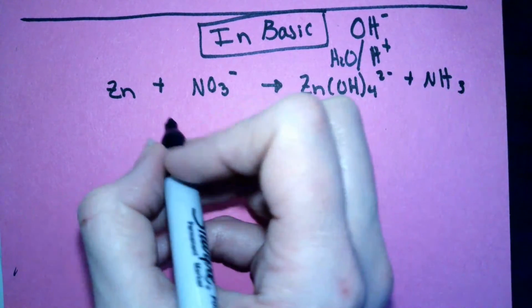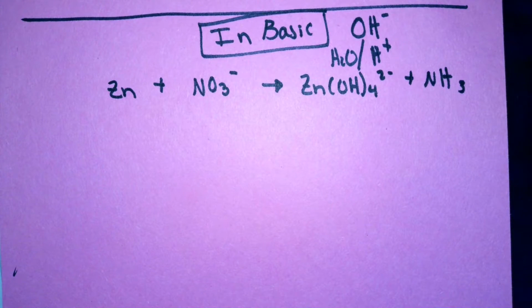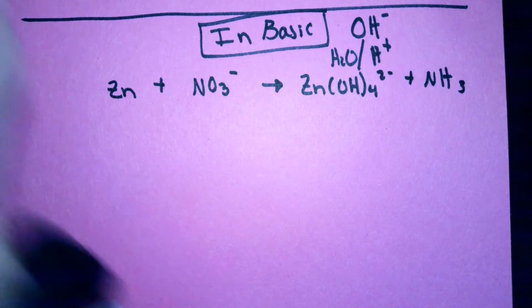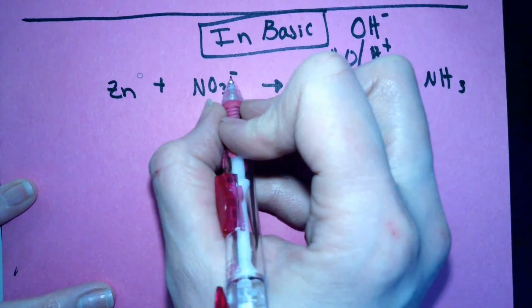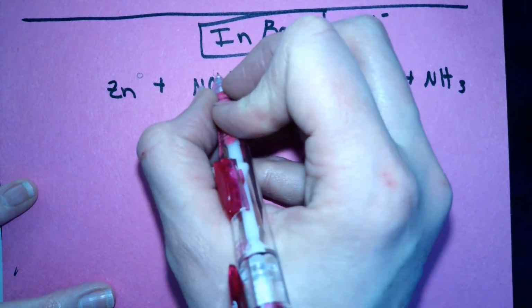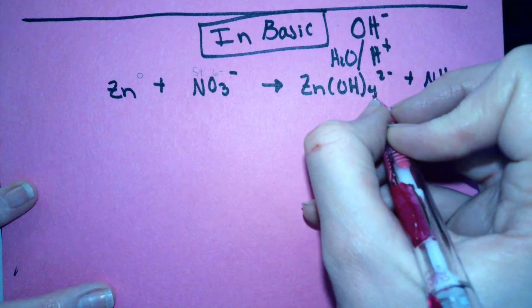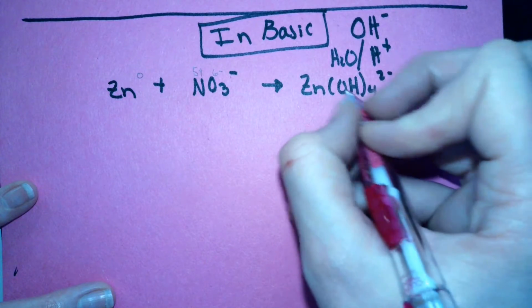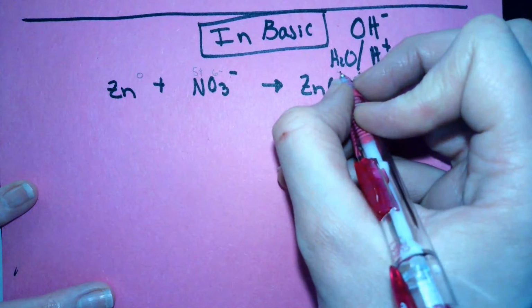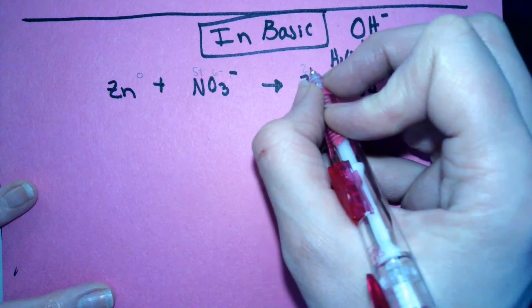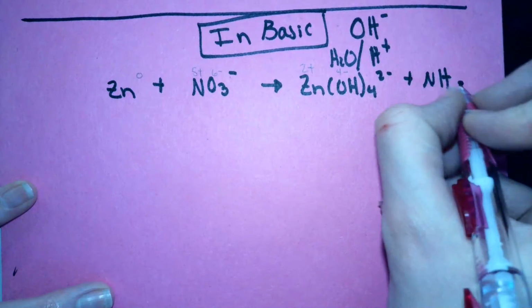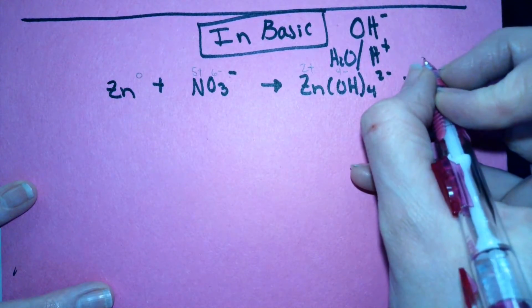Okay, so let's see who's oxidizing and who's being reduced. I'm going to use my pencil again here. Again, compound by itself. So 0, this is a -1, therefore if this is a 6 minus, this must be a 5 plus. Each one of these is a -1, and there's 4 of them. So that's a 4 minus. Therefore, this must be a 2 plus. This must be a 3 minus, so this must be a 3 plus.